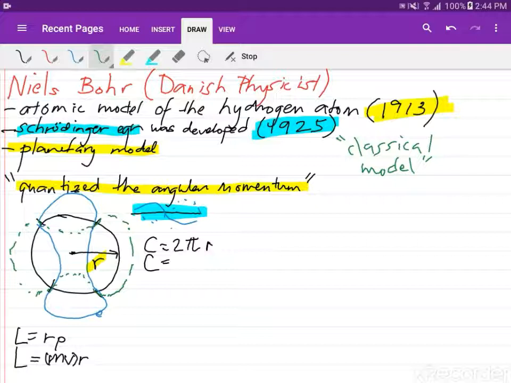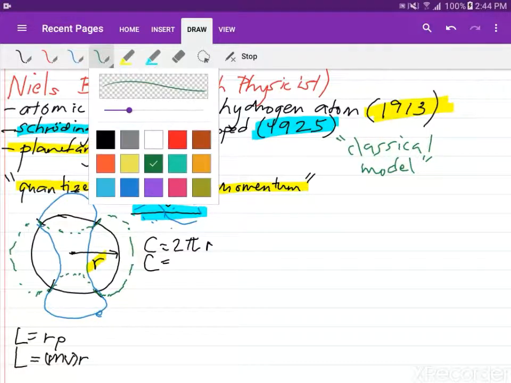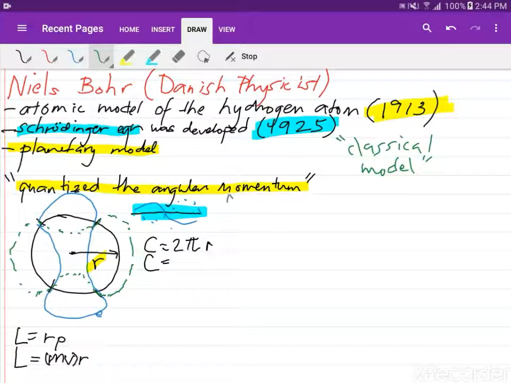Okay, so let's try to find the wavelength lambda of this electron wave. First, we know that the circumference of its circular orbit is always given by 2 pi times the radius.